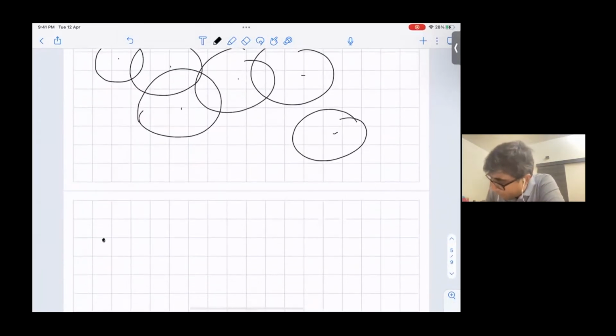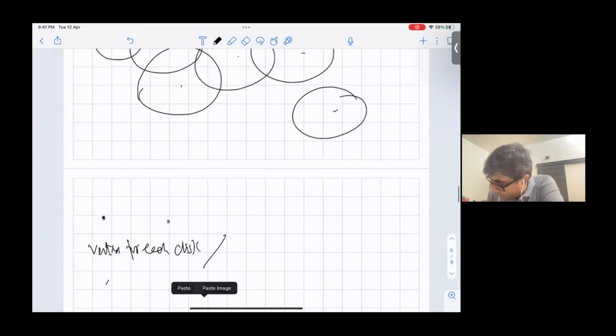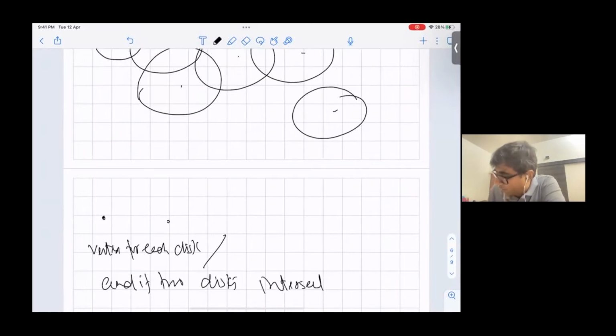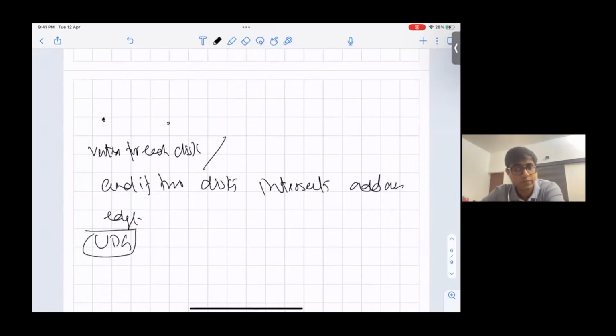I have a vertex for each disk, and if two disks intersect, you add an edge. Is that fine with everybody? Is the definition of a unit disk graph clear to everybody?